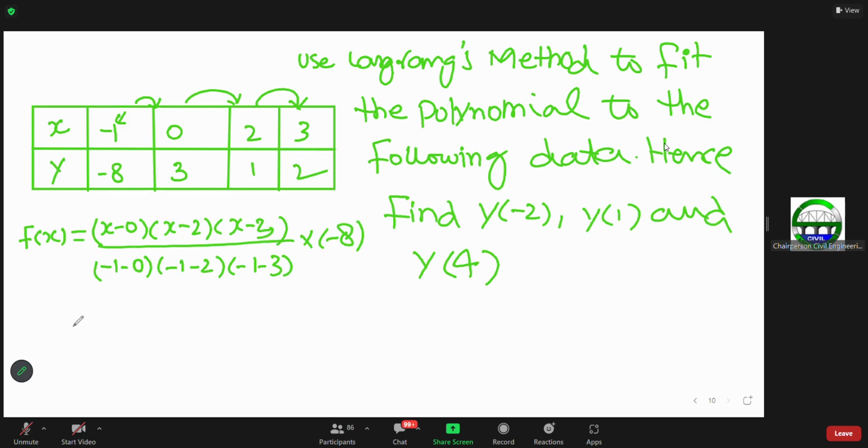right? Similarly, in the next one, you will hide 0.